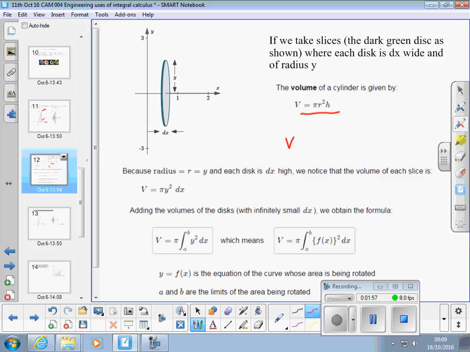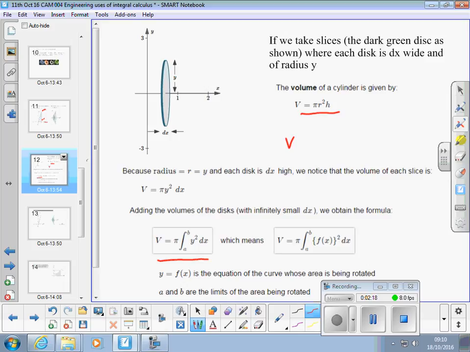If we add up the volumes of all the discs with an infinitely small disc thickness, dx, we obtain the formula, which is the definite integral between the limits a and b of y squared.